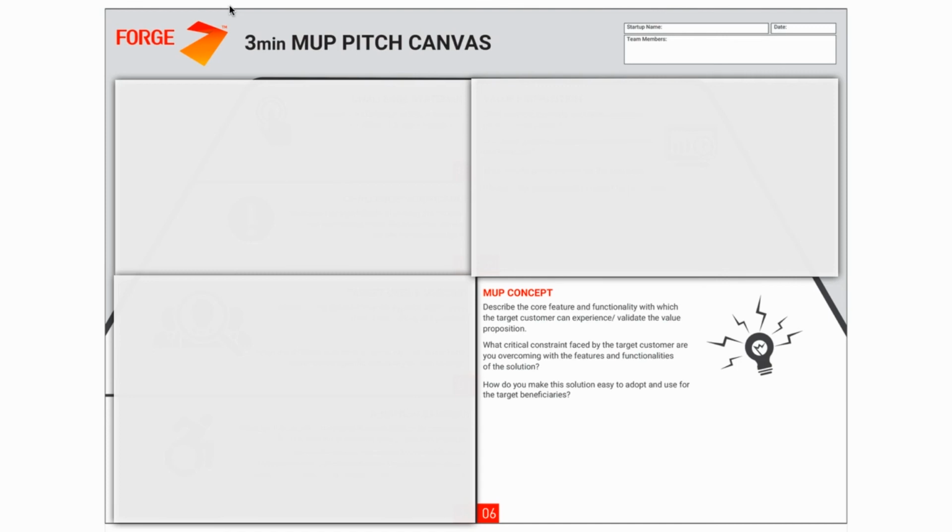Second, the critical constraints or the adoption barriers that this or few features and functionalities will help the customer overcome. And the third and most important is how easy to adopt and use is the solution going to be for the target customer, whether it is an individual or an organization.